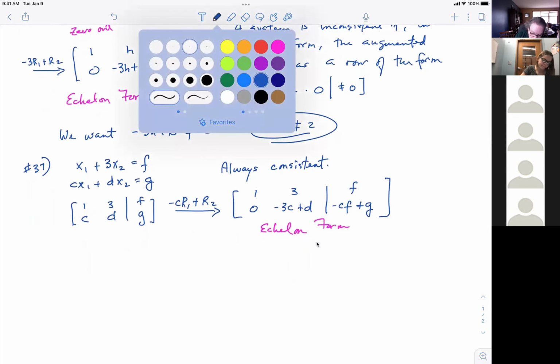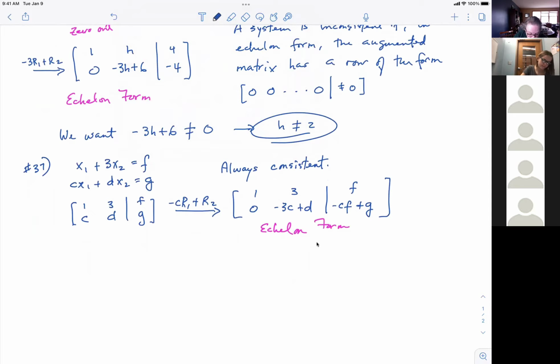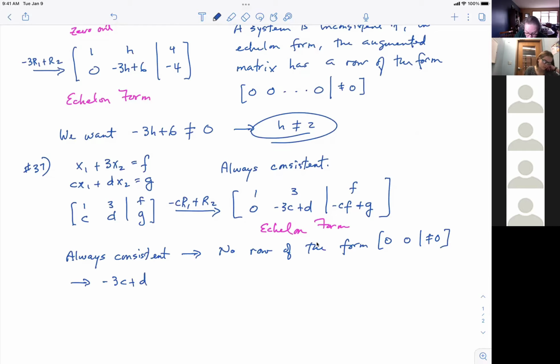If it's always consistent, that means there's no row of the form 0, 0, not 0. So that tells us that negative 3c plus d is not equal to 0, right?